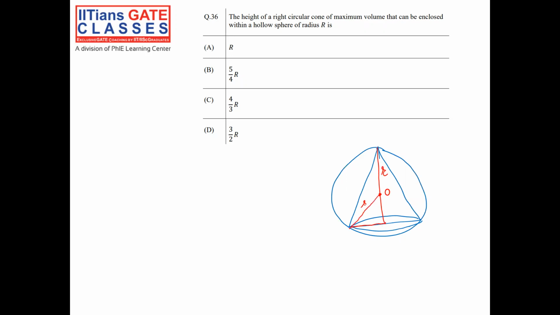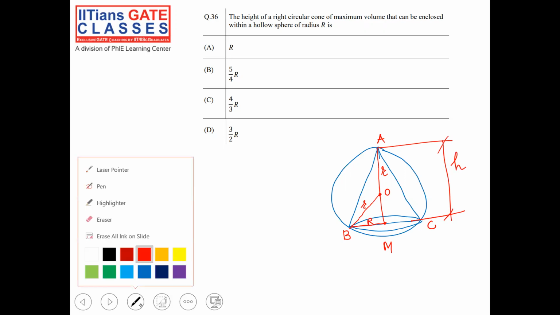We can draw this as well as r. These are points B and C, and this is point A. Let's take this point as M. Suppose R is the radius of this cone, and take h as the height of the cone. So these are the dimensions.